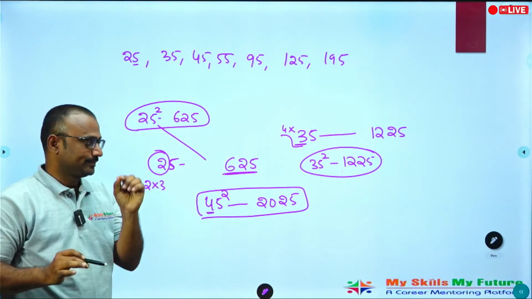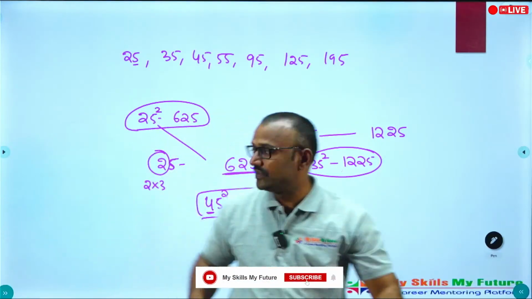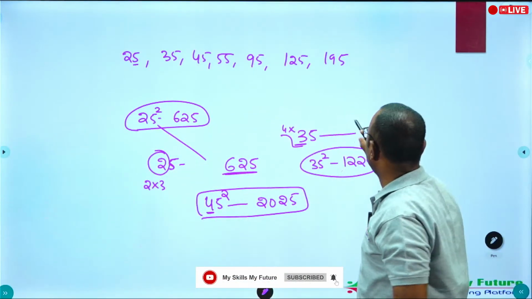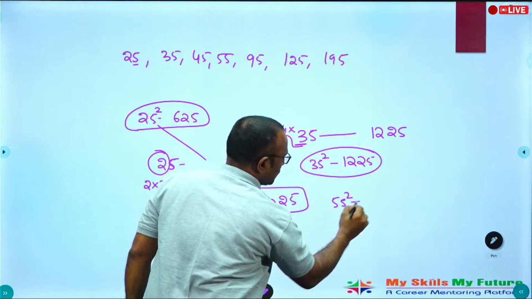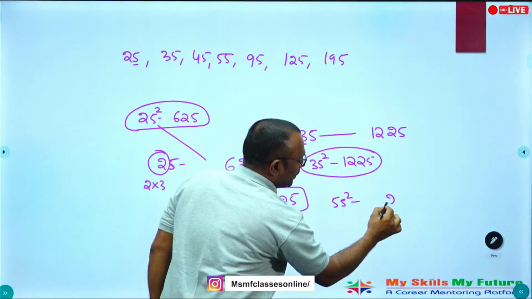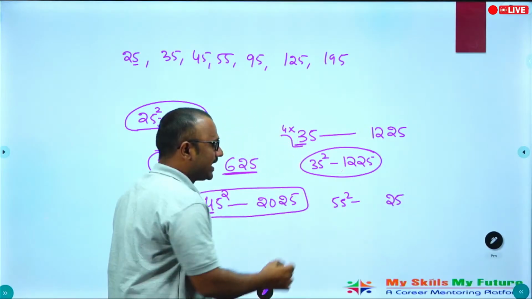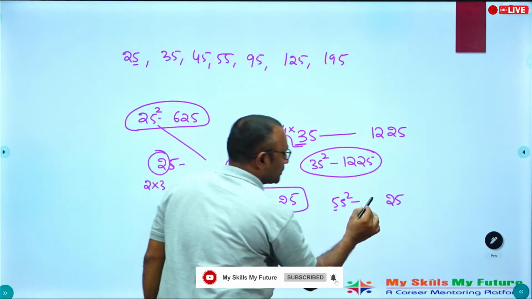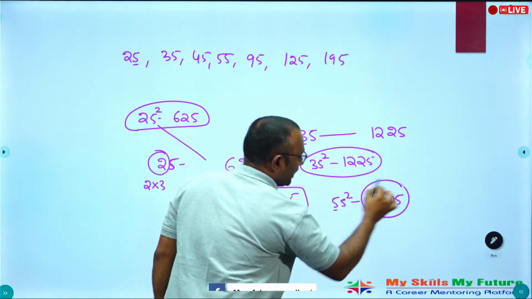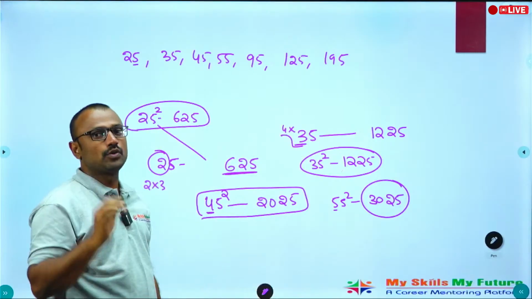One more example, here we have 55. So 55 square. The last digit is 5, so 5 square is 25, and 5 is there; 5 into 6 is 30. So 55 square is 3025.